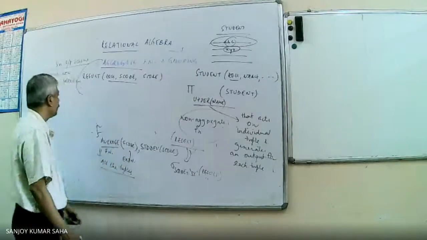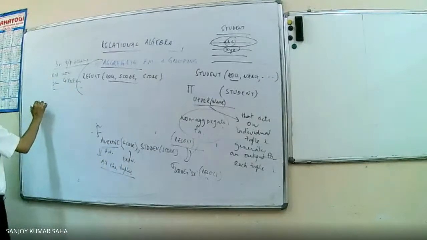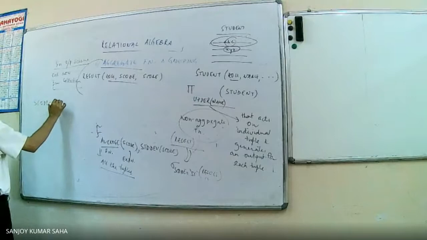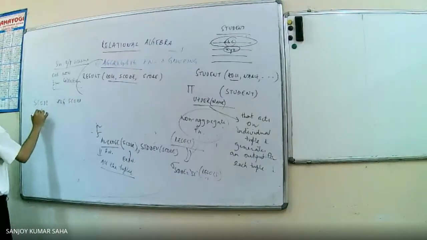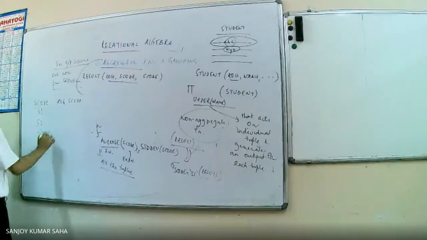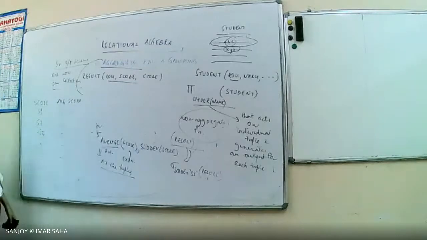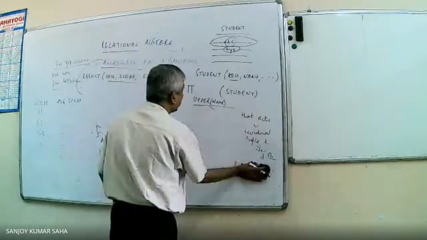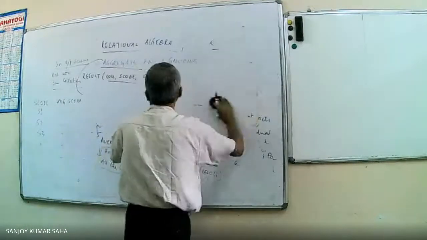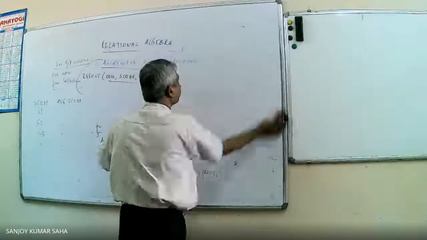Now suppose I want to have the subject code and average score for all the subjects S1, S2, S3, etc. Here comes the importance of grouping.